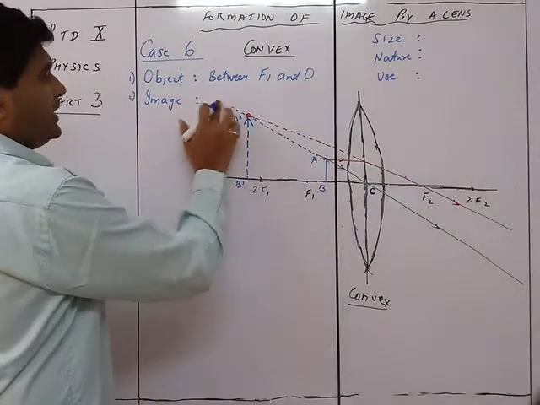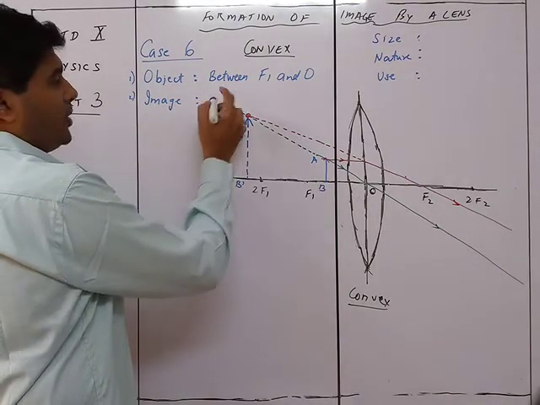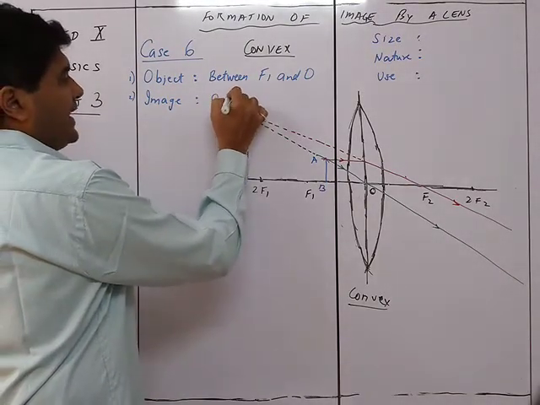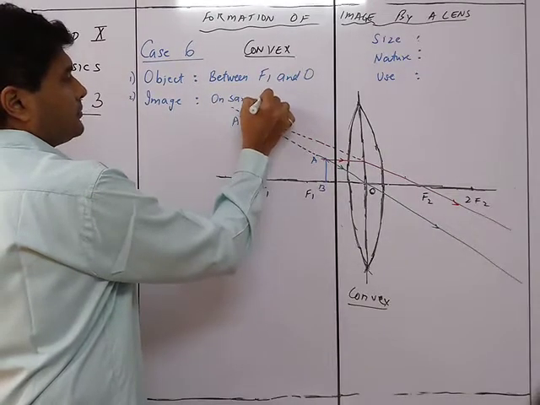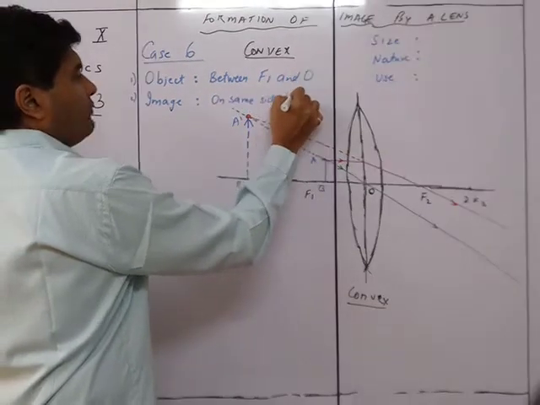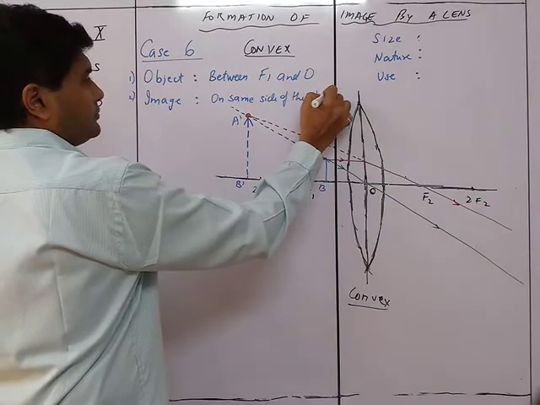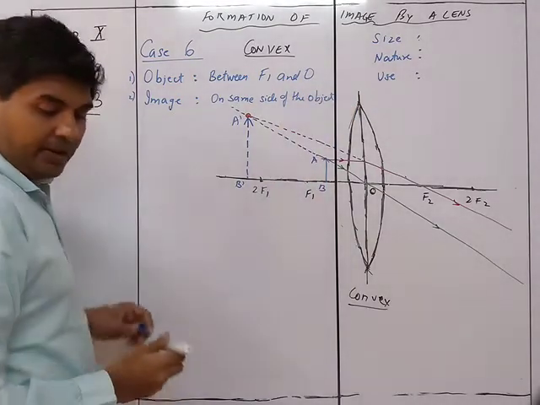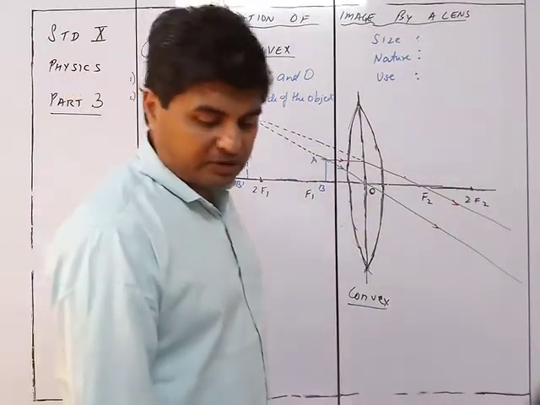So where is the image formed? Image is formed on the same side of the object. What do we call this? Where is the position of this image?